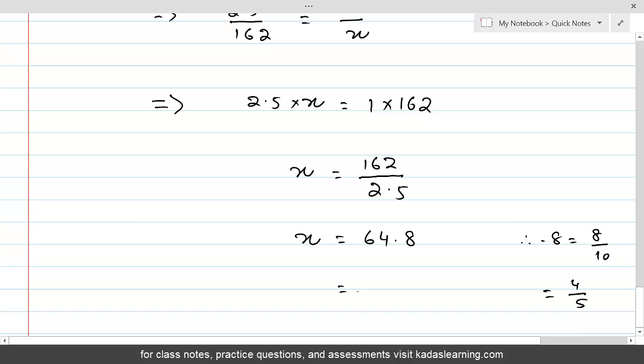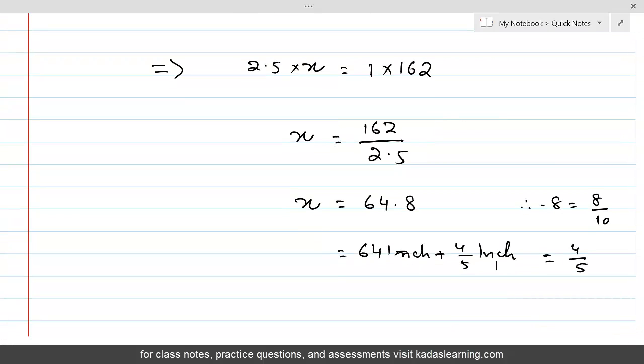Therefore this will become 64 whole 4 over 5, or 64 inches and 4 over 5 inch. You can separate them, or even you can write 64 whole 4 by 5 inches.